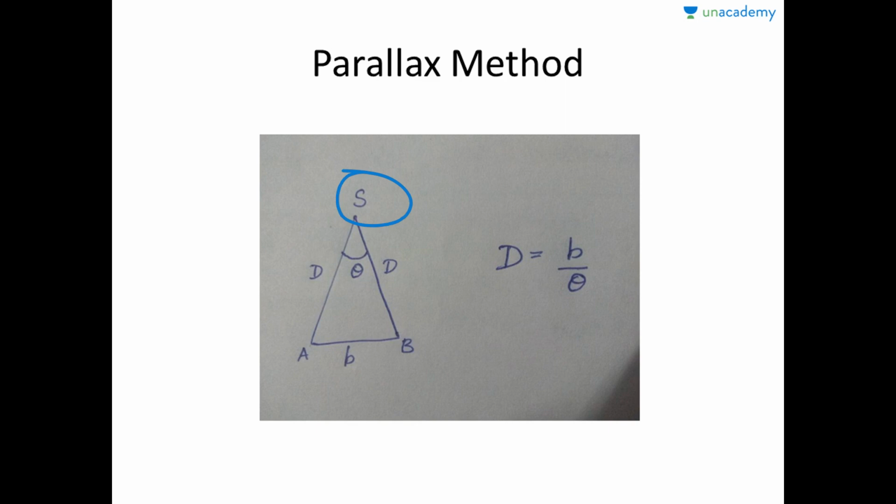Here D is the distance from A to S and B to S. There is an angle theta between the viewing directions of AS and BS, and the distance between A and B is small b. By using the parallax method, D is equal to b divided by the angle θ, and this is the formula.